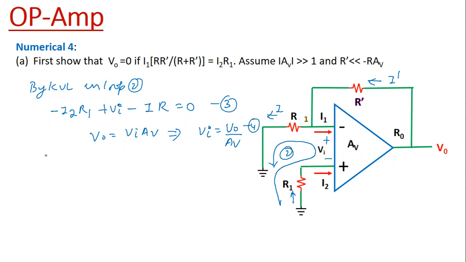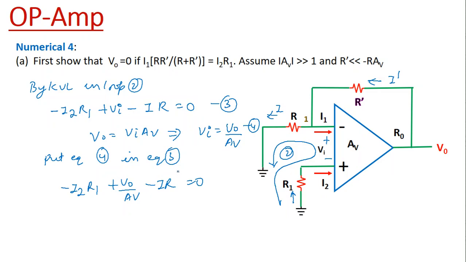Now we put equation number 4 in equation number 3. So what will we get? Minus I2 R1 plus VO upon AV minus IR is equal to 0.